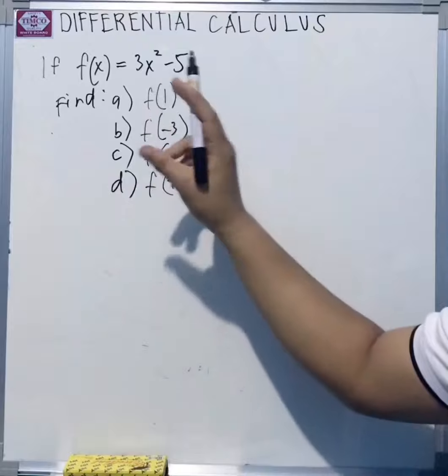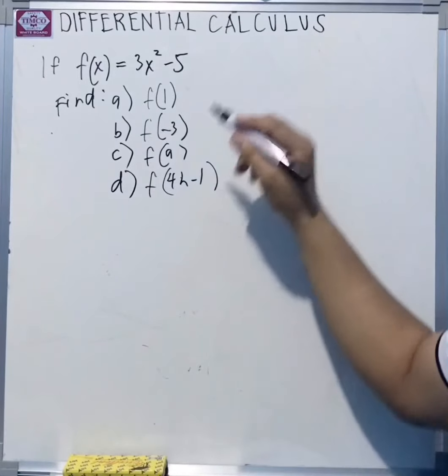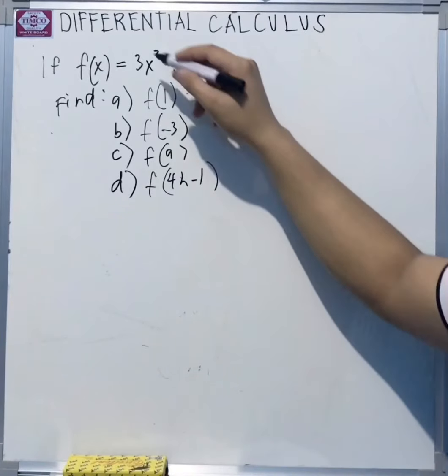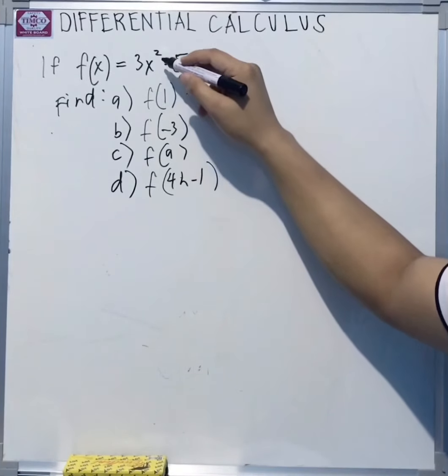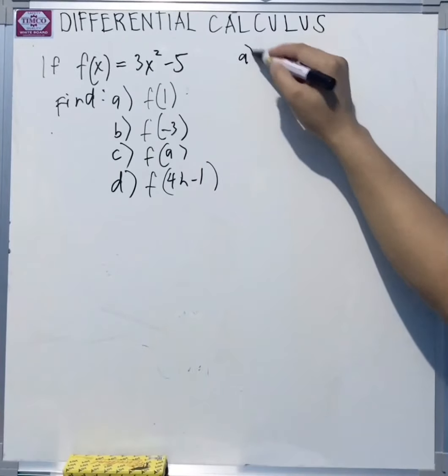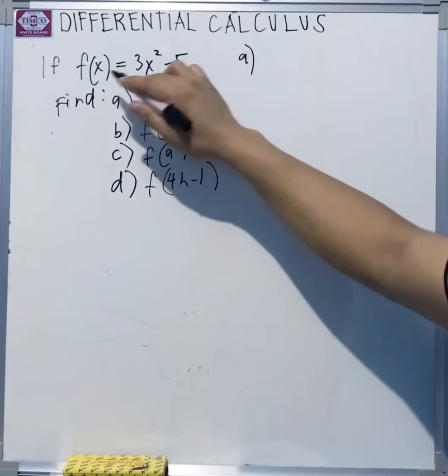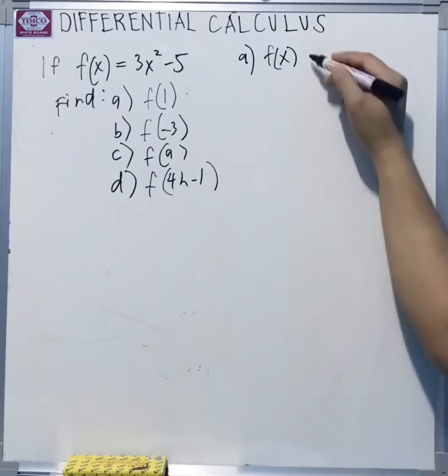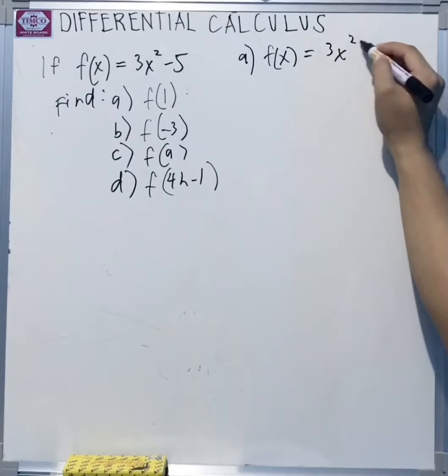In evaluation of a function, we can simply substitute the value, like 1, into the equation. So we have letter A, we have the solution, the function f of x equal to 3x squared minus 5.